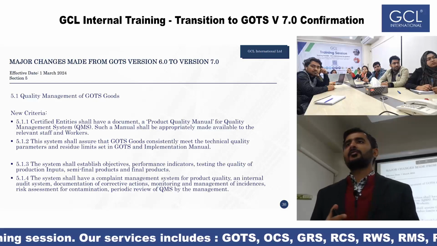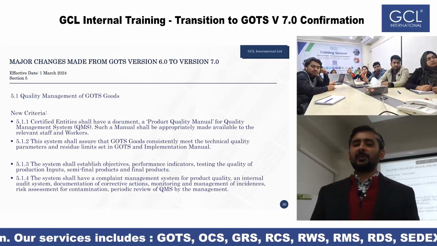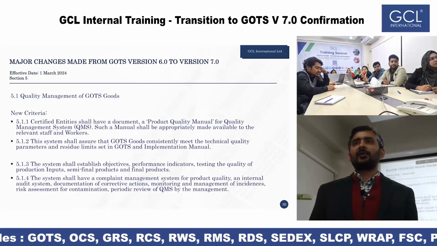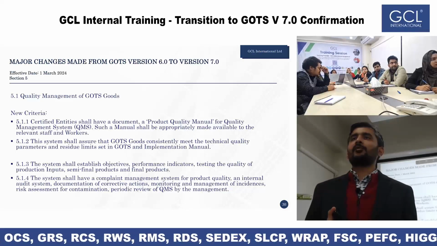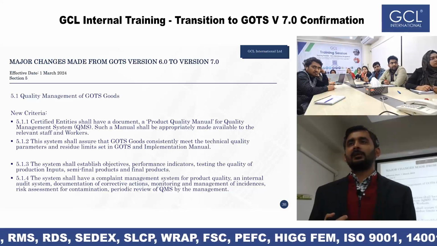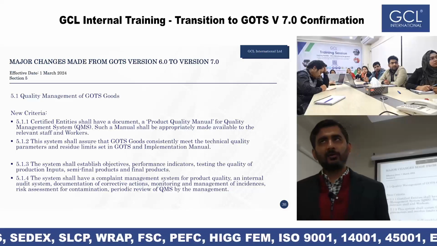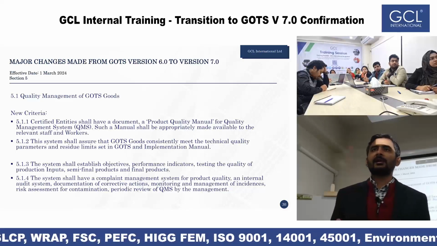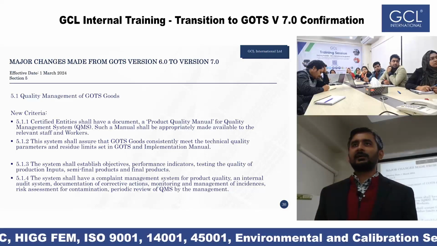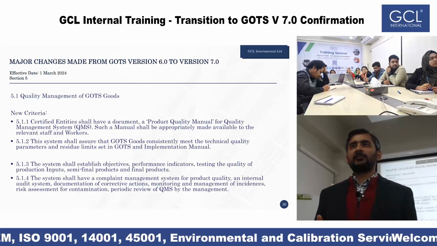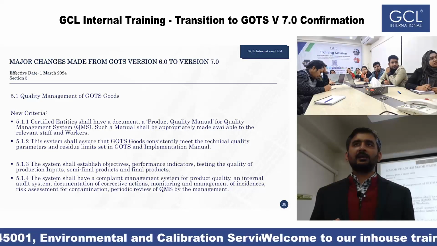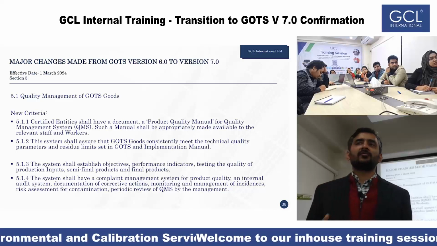Apart from that, some additional criteria is added in GOTS version 7.0, and that is that the company or certified entity under GOTS version 7.0 shall have a documented quality manual. The documented quality manual may include a lot of things, but what are the mandatory criteria? It shall include all the requirements, procedures and criteria required for the certified entity to comply with all the technical quality parameters and all the residues indicated in GOTS version 7.0.